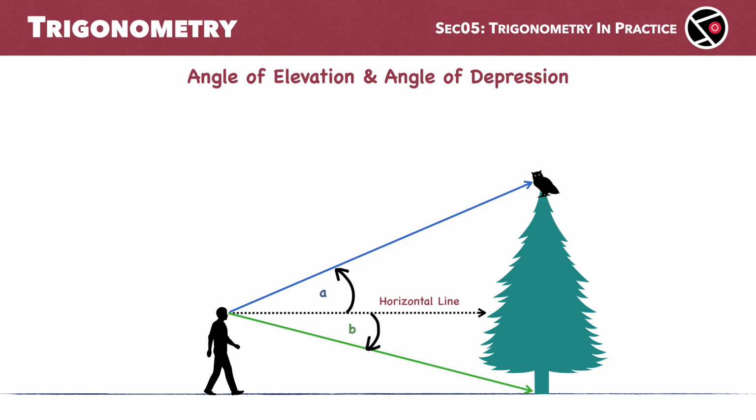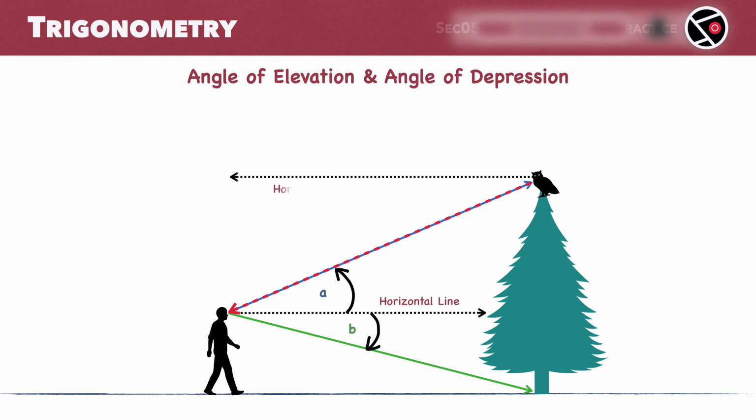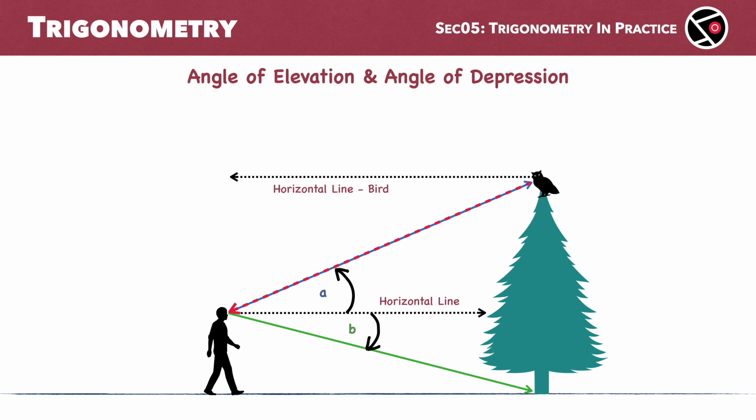Now let's say the bird on the top is also looking at you. What will be the horizontal line for this bird? Here it is. Parallel to the ground, but aligned with the bird's eyes. If the bird looks down at you, the angle formed between its horizontal line and its line of sight is the angle of depression.